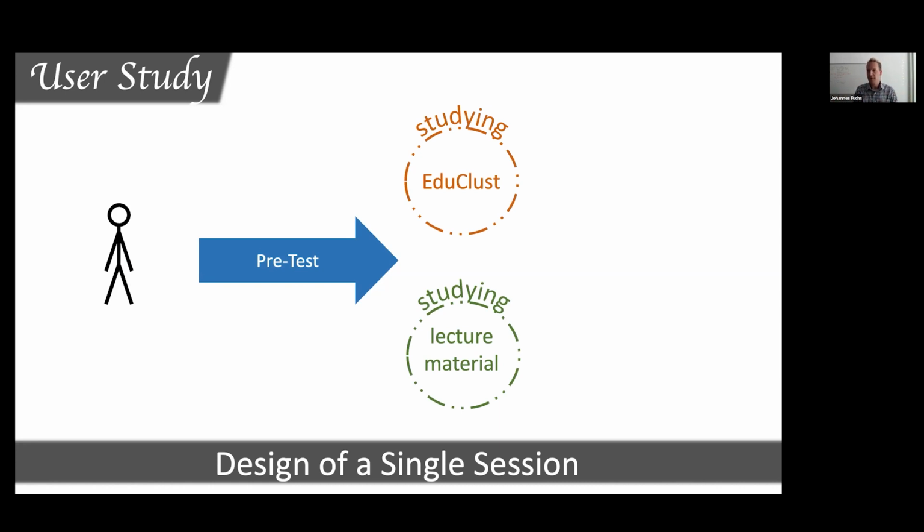The first group prepared using EduClust for the post-test. And the other group prepared with common lecture material, like, for example, having access to slides, some YouTube videos, research papers, and so on and so forth. And at the very end, all of them took the very same post-test again. And there again, we collected all the information like accuracy, completion time, and confidence.